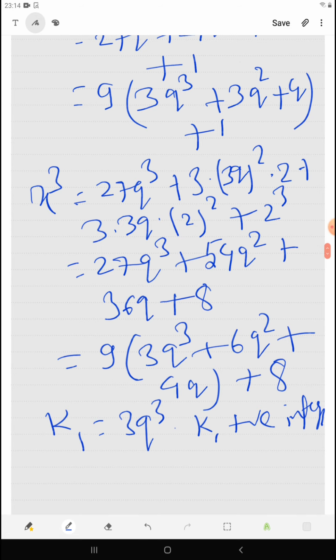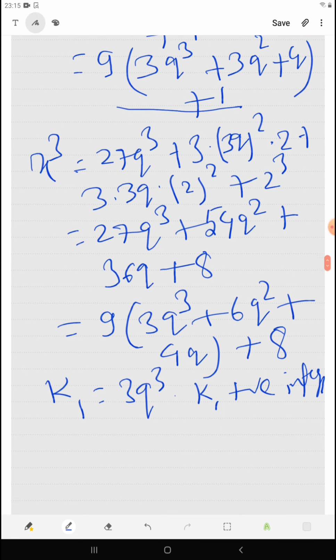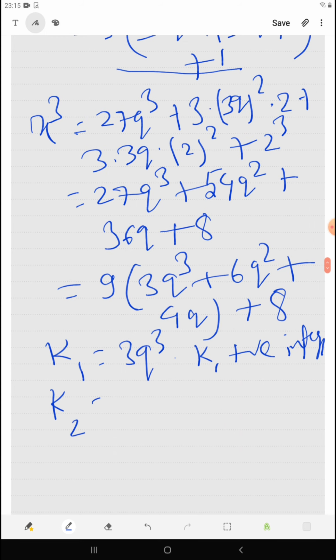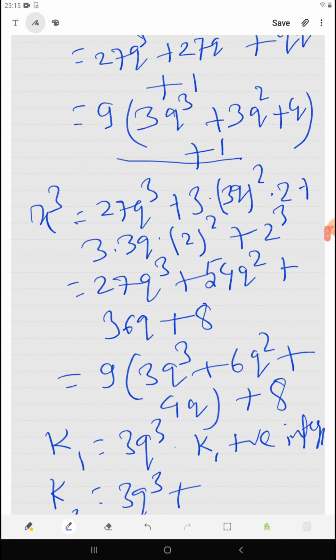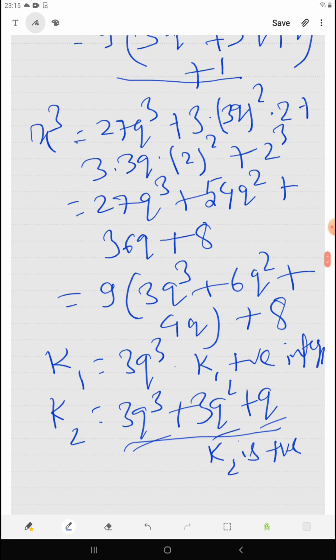Similarly, if q is a positive integer, then for the second one, k2 equals 3q cube plus 3q square plus q, the whole thing will be a positive integer. So k2 is also a positive integer. Correct?